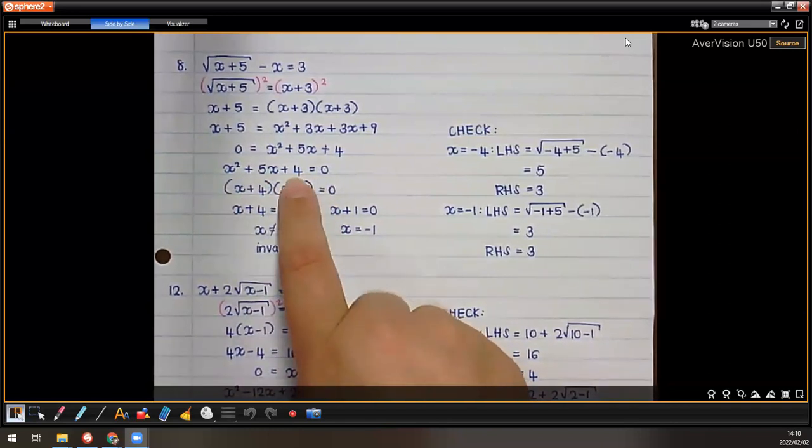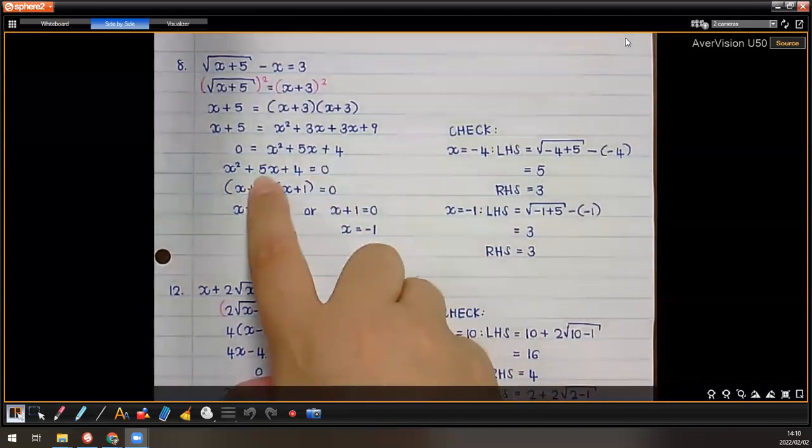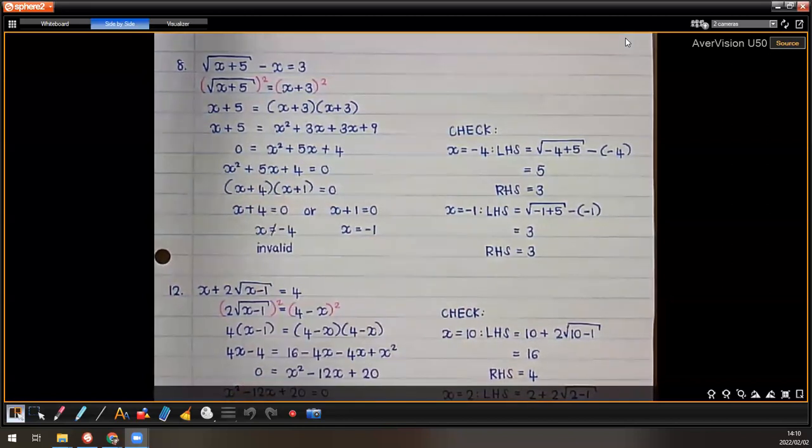If you're looking at this trinomial, you're going to look at the last term. You're going to say, I need factors of the last term. So factors of 4. Because there's a plus in front of that last term, the sum of the factors, in other words, the factors of 4, when I add them together, must give me the number in front of x, must give me 5. Now for 4, let's think.